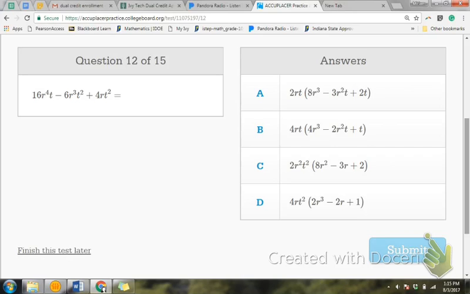So that automatically knocks out which two answer choices? B and D, right? Because they pulled out a 4. So we're going to divide out a 2. How many R's can I give up? Just 1. What about T's? Just 1. Do I really need to keep going? I can if I want to double check, but it matches with A.